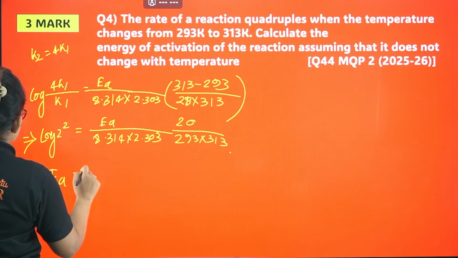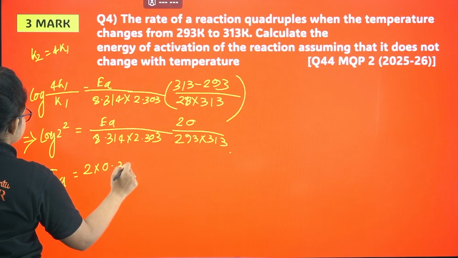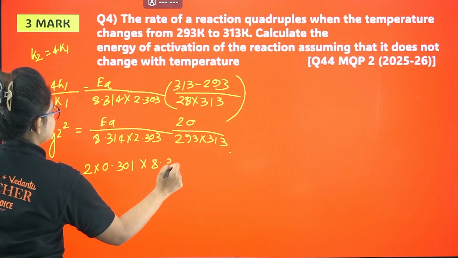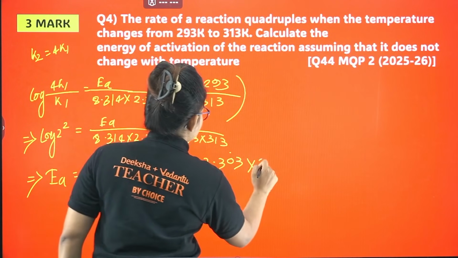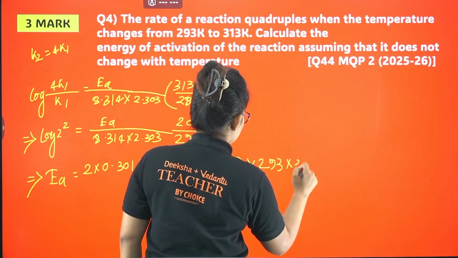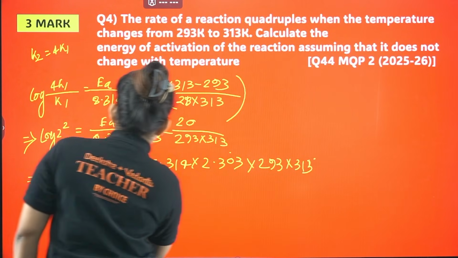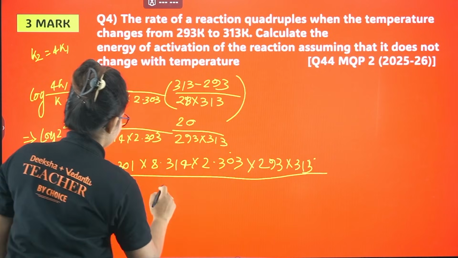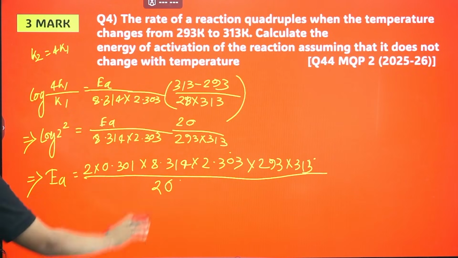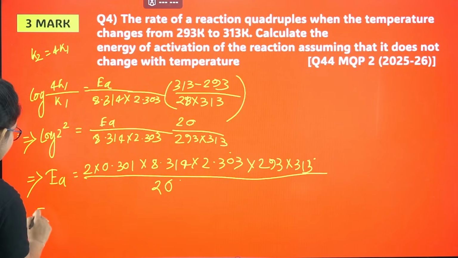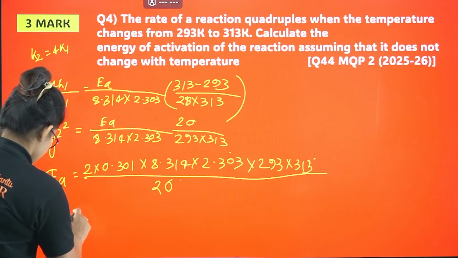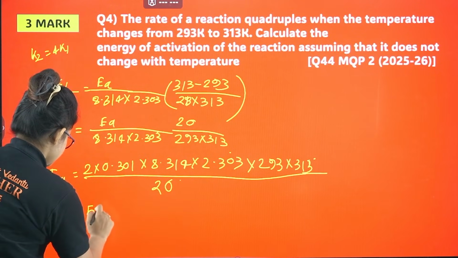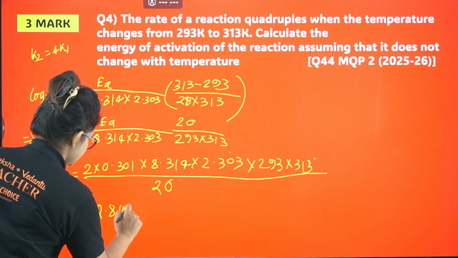Ea is going to be 2 into 0.301 into 8.314 into 2.303 into 293 into 313 divided by 20. Okay, so this is the calculation. If you do this calculation, your answer should come like 52.8 kilojoule per mole.